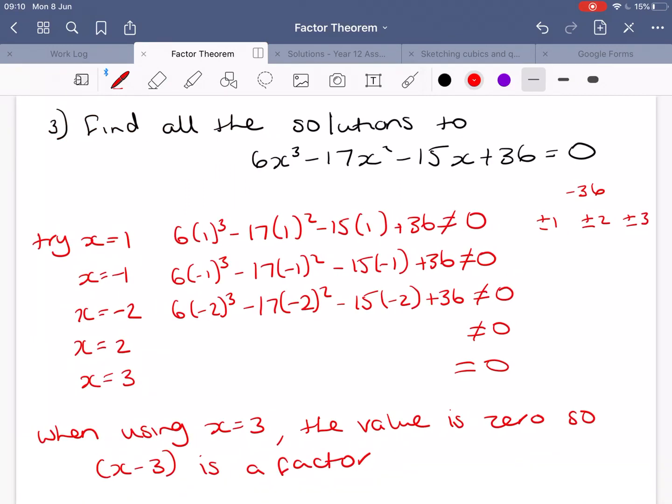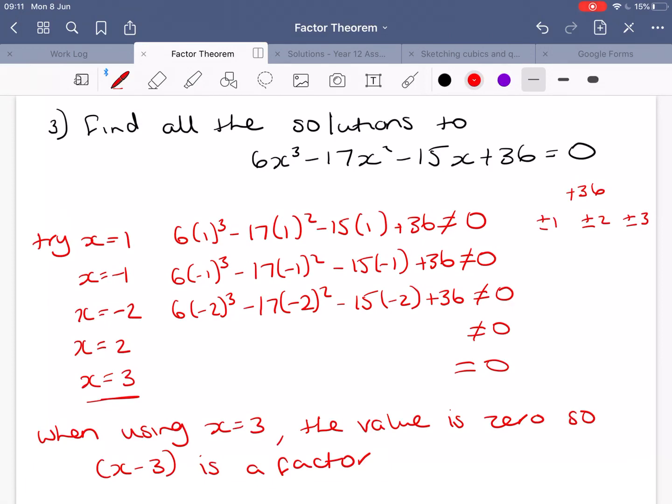And the last one. Okay, try. Now, 36 has got an awful lot of factors. And it does have negatives, because remember, you could have a negative times a negative. Don't think just because you want the factors of 36 that it's only going to be 1, 2, 3. It could be negative numbers as well. Now with this one, you actually did end up getting to x equals 3.